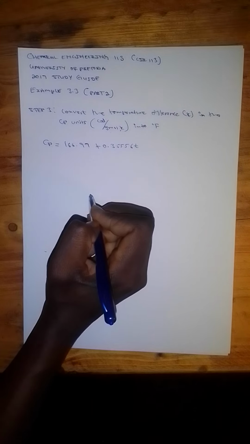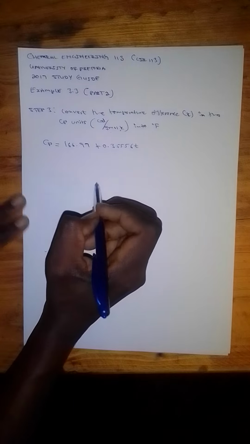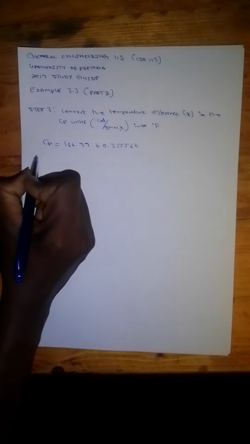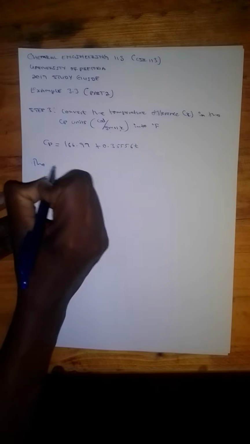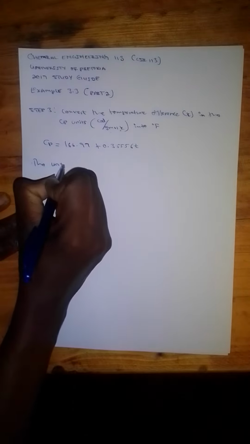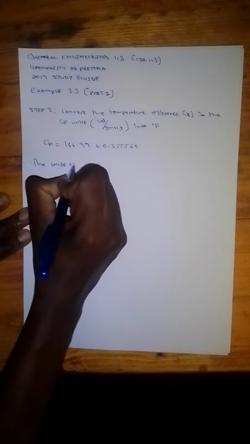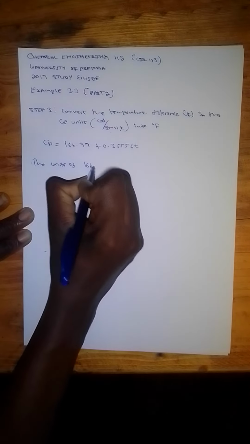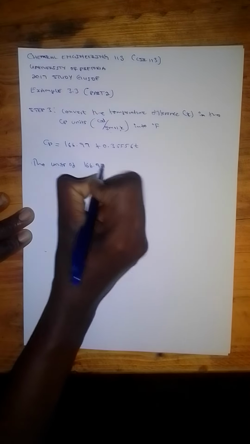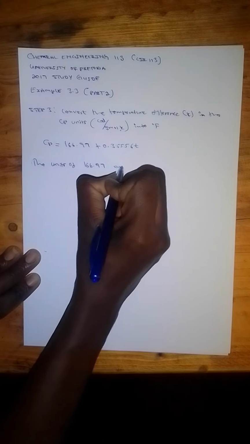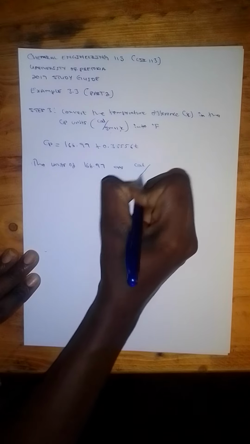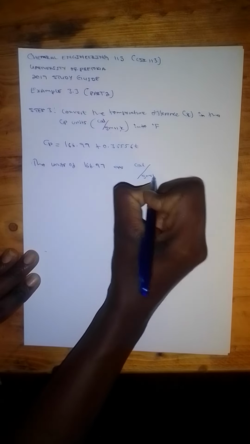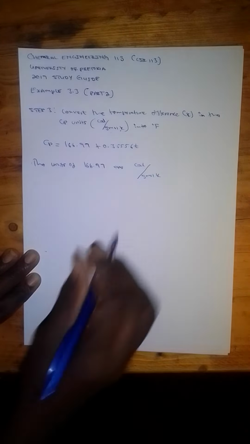So with that said, we know that the units of, let me just write it down, the units of 166.97 are calorie per gram mole Kelvin.